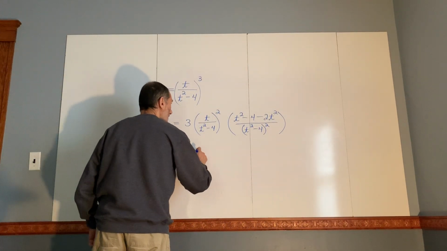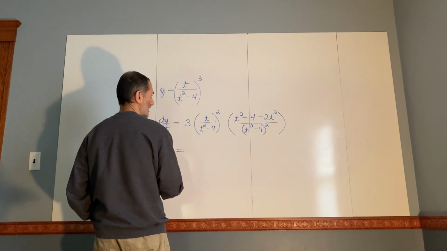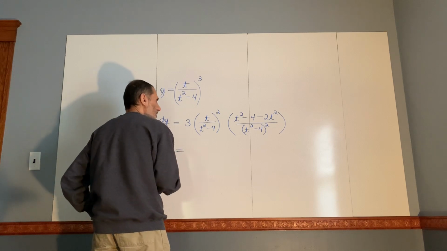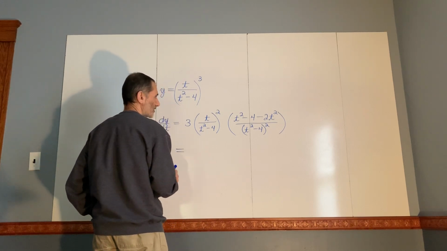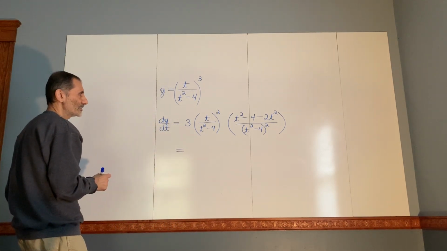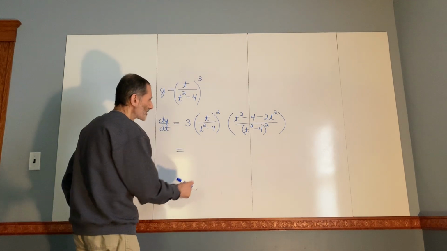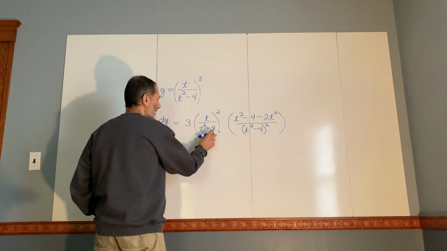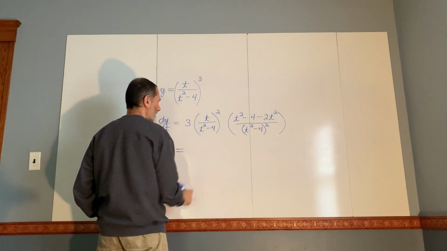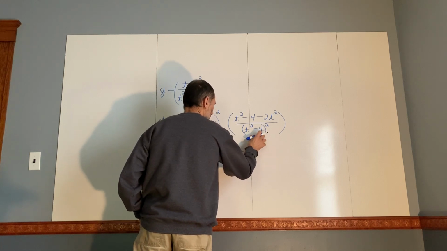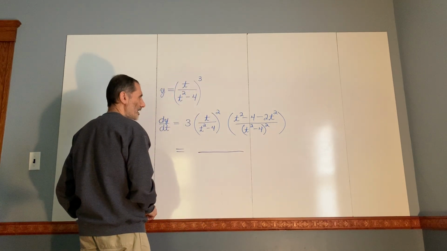So let's clean that up. We have 3. Well, let's do it in one step if we can. I've got a t squared here. I've got t squared minus 4 squared here. I also have a t squared minus 4 squared here.